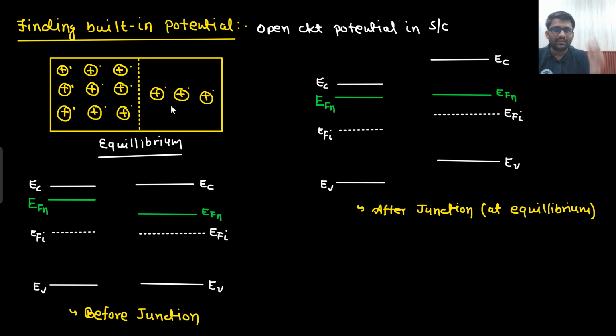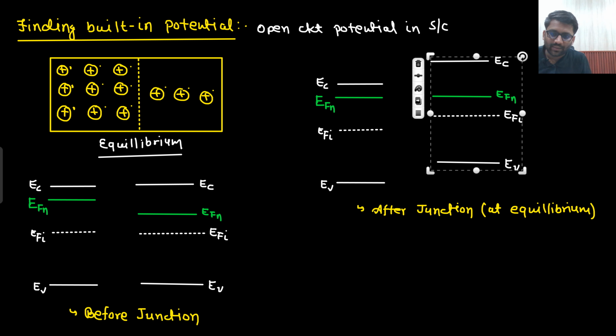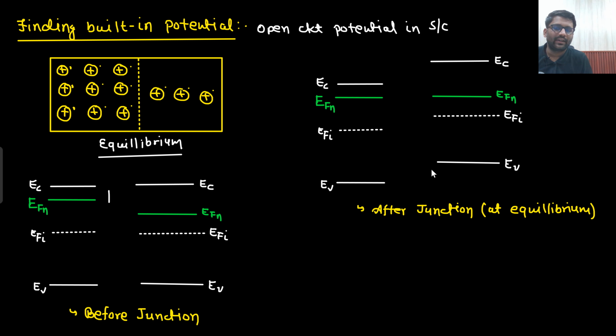As they came into action, equilibrium will be maintained. Equilibrium will be maintained. That means current would be 0. That means both have to be close to each other. That means what really happened? This part came downward and this part came upward. So this was the scenario that we were getting. And sir, this was representing my QVBI.